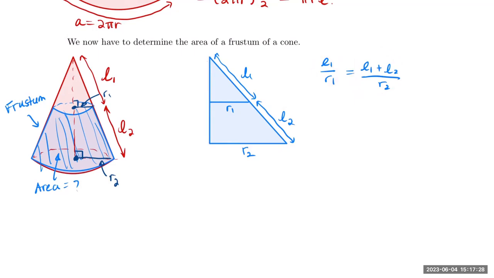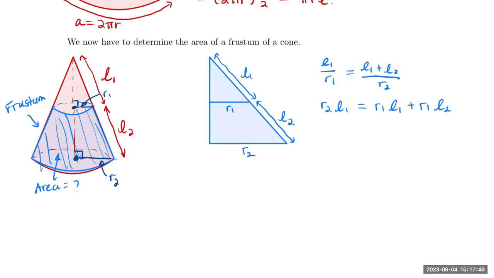So let's rearrange this so that we can solve for our R1L2. So that's what we want. So we have R2L1 equal to R1L1 plus R1L2.